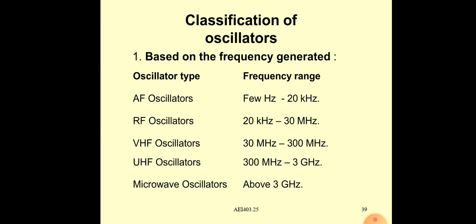Based on this frequency range, there are different types of oscillators. To communicate a microwave signal, meaning a very high frequency signal, we can use microwave oscillators. Based on these oscillators, we can generate different ranges of frequency.